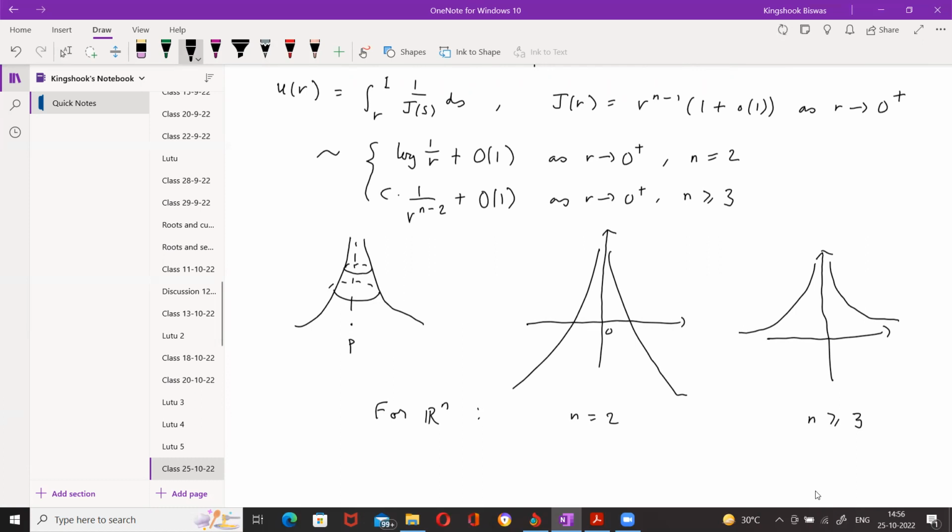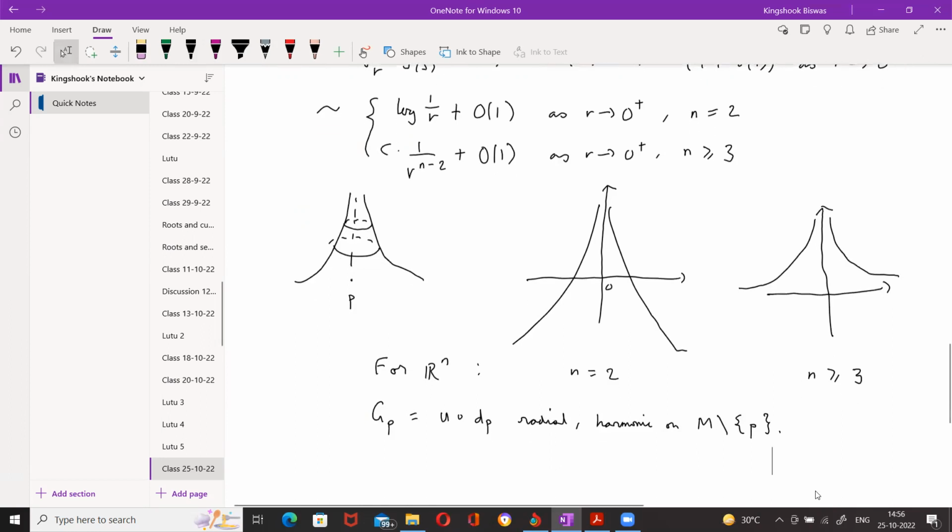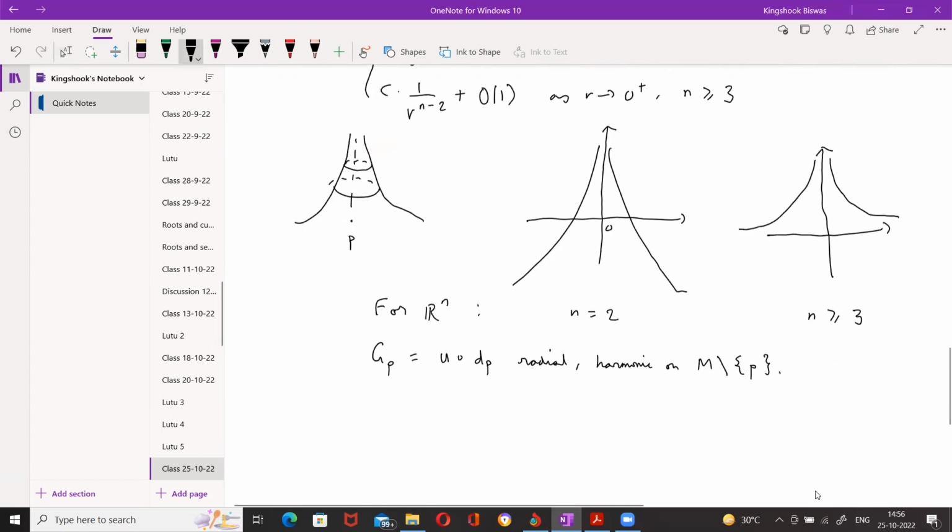I'm going ahead a bit. If I look at the function G_P, which is this radial harmonic function on M minus P, then the Laplacian of this function is 0 outside the point P, but it is not 0 everywhere.